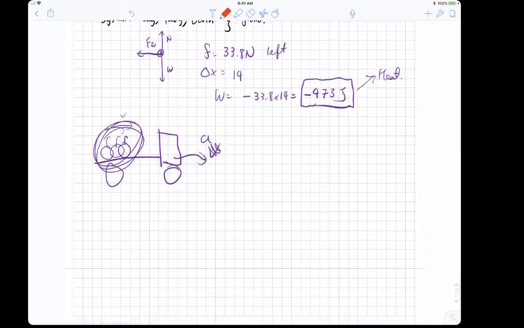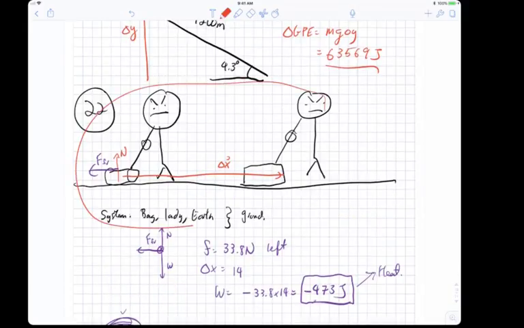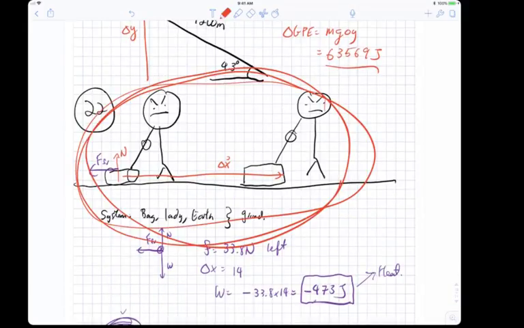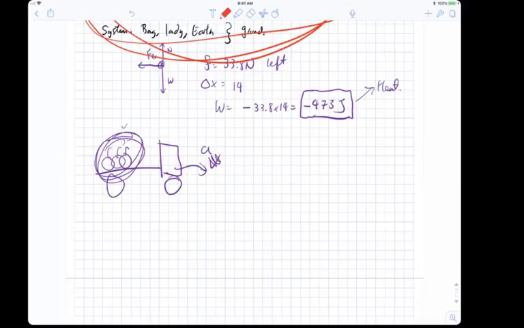But long story short, in this case, you calculate the work done by friction, and that turns into heat. All right, 24. A 90 newton crate slides 12 meters down a ramp that makes an angle of 35 degrees to the horizontal.